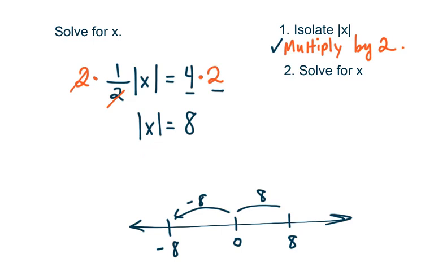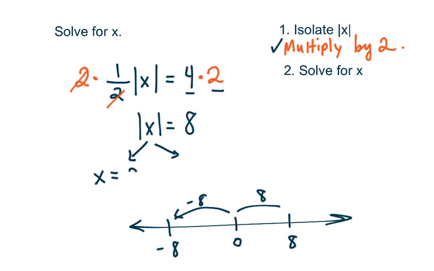So what I like to do to solve for x is I like to draw a little branch. And I'd like to strip away the absolute value sign and just write it as x. Whatever's inside the absolute value, I just write it.